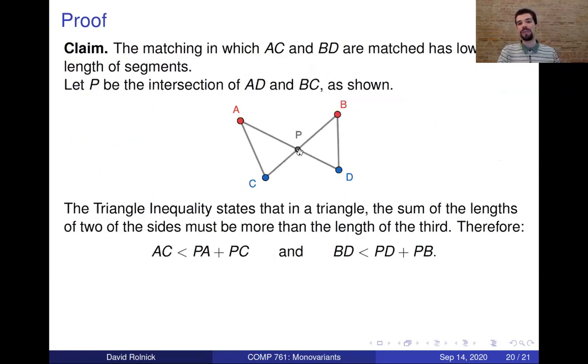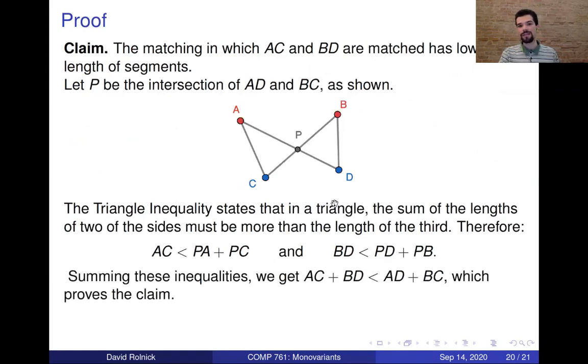It means that PA plus PC is greater than AC, and PB plus PD is greater than BD. So we can just write those out. But what is this plus this? Well, it's half of all of these intersecting segments. And so if we sum these two together, we have PA and PD combined to get AD, PB and PC combined to get BC.